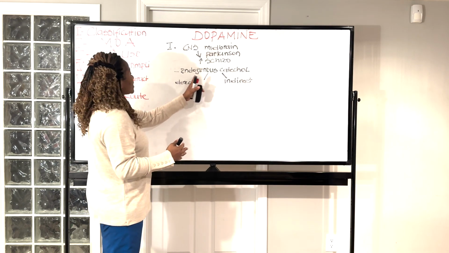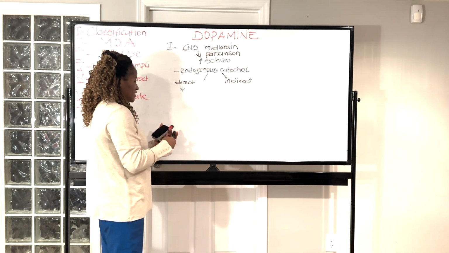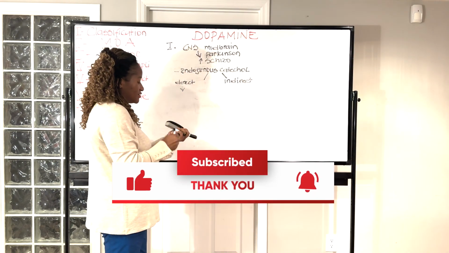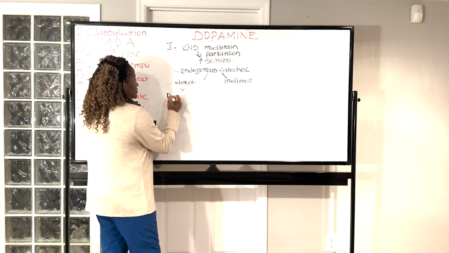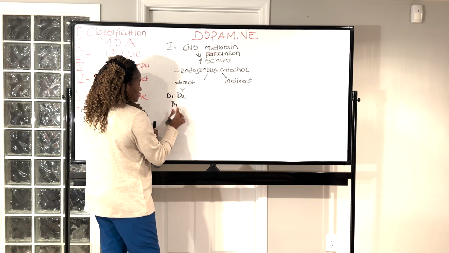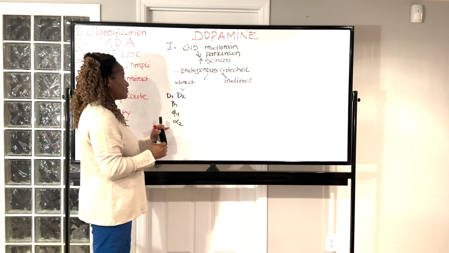So mechanism of action directly, dopamine is going to stimulate, I'm going to change this marker. So in a direct manner, dopamine is going to stimulate the receptors D1, D2, beta 1, alpha 1, and alpha 2.